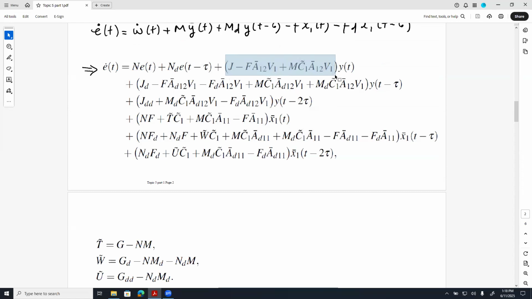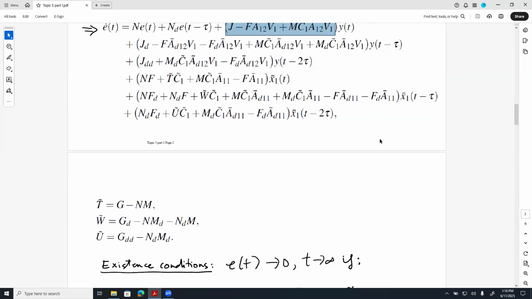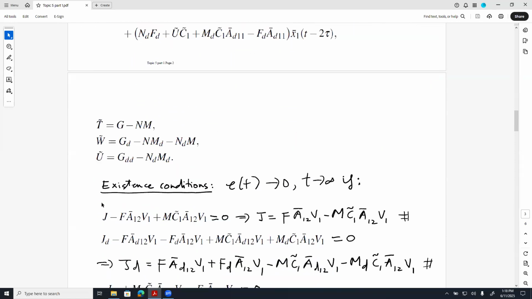Now, if everything here is equal to zero, that's where we get this expression. And when we have this expression, that means that J can be obtained as long as M is known. So in other words, this expression allows us to determine J once we know M. And then what M is and all of that, we discuss later.